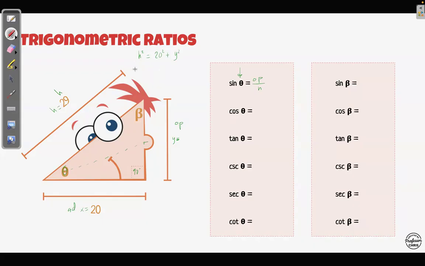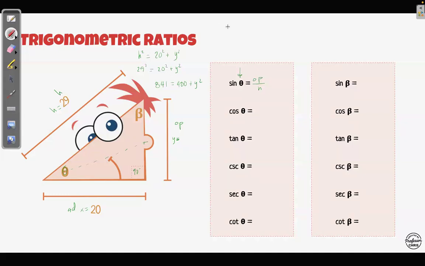So we're going to get 29 squared is equal to 20 squared plus y squared. We're going to have 841 is equal to 400 plus y squared.